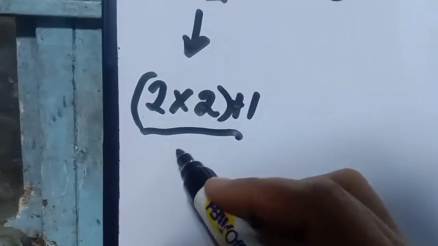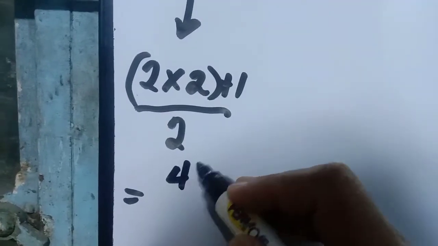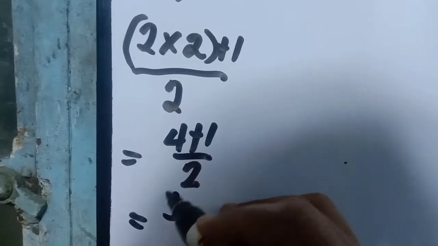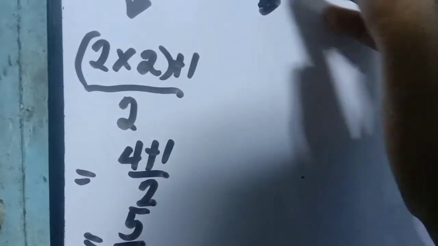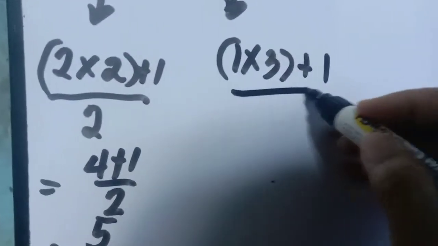Okay, copy the denominator. 2 times 2 is 4 plus 1. A 5 over 2. Next, we have 1 times 3 plus 1. Okay, over 3.